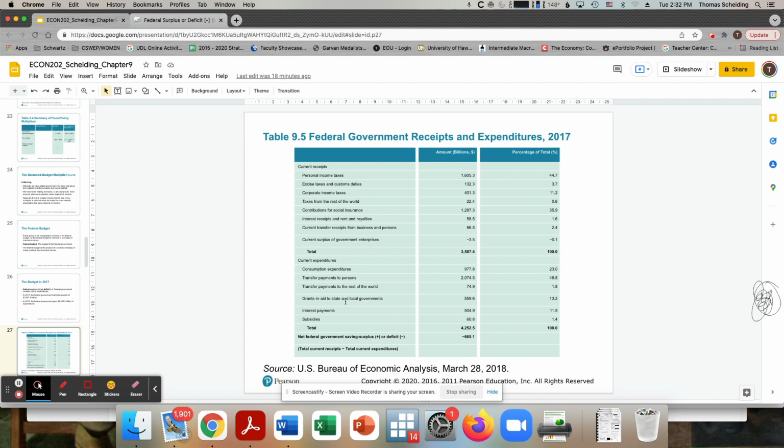And then giving money to state and local governments in terms of grants and whatnot, that's 13%. And then the other big chunk here is just keeping the debtors off our back, meaning making interest-only payments on the debt, another 12% almost. And obviously we have a shortfall. A shortfall that's actually pretty big, comparatively speaking, as a percent.